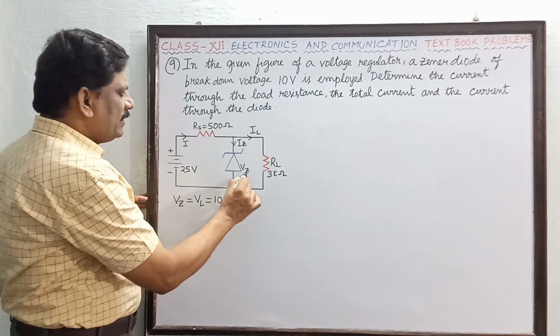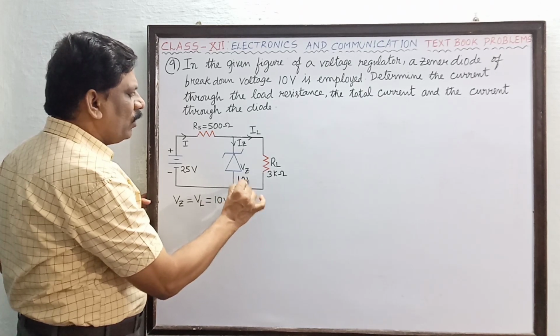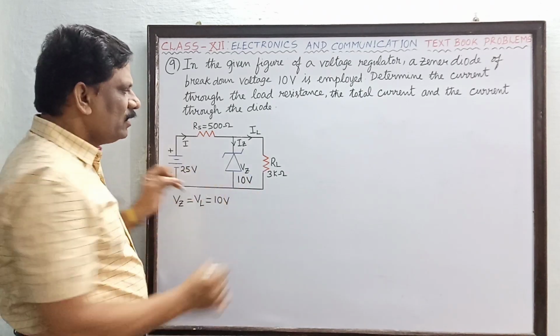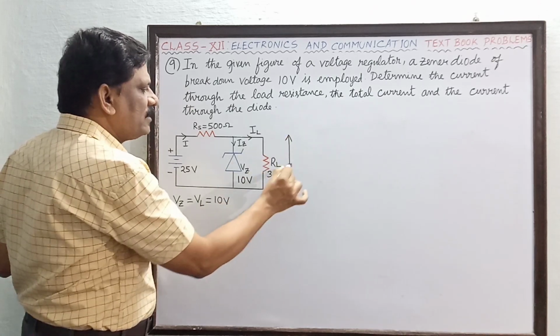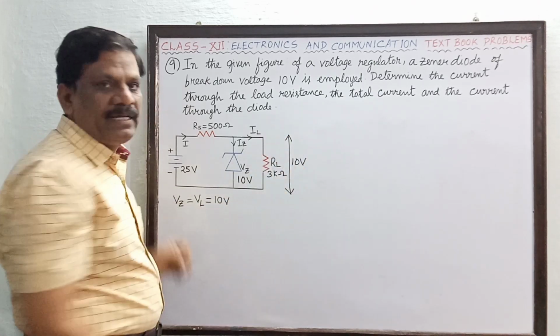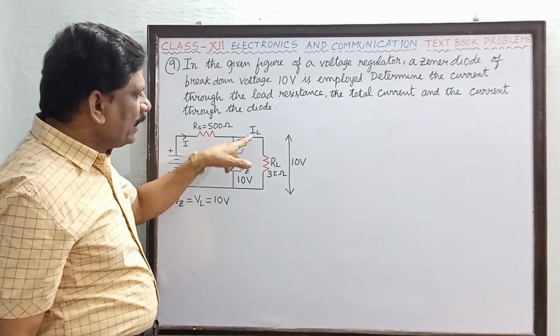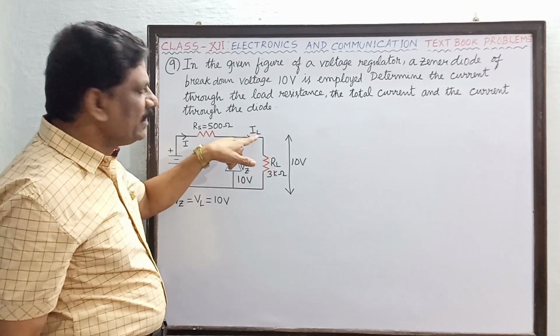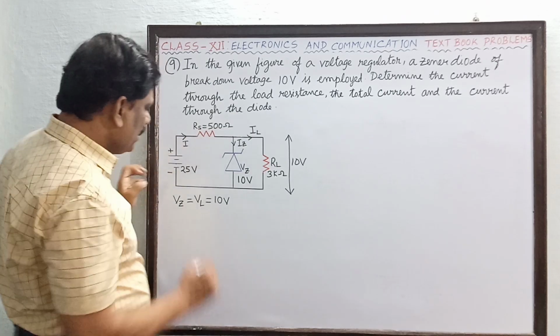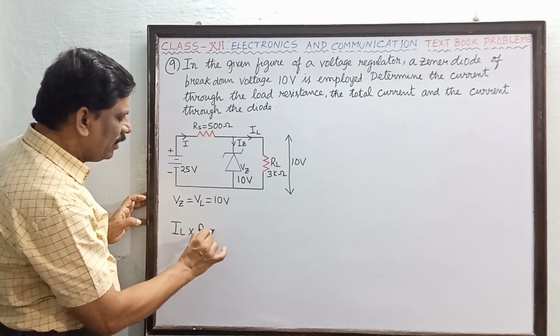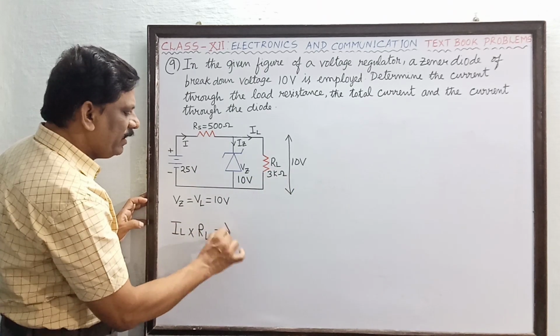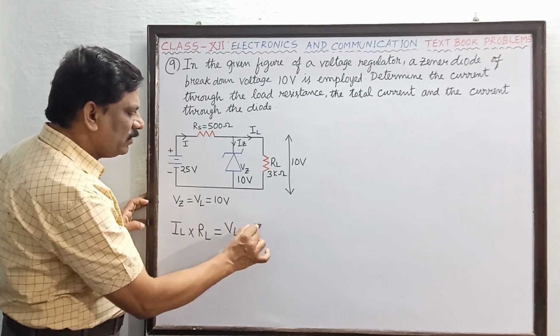So using all this information, let us begin with the load resistance. Vz is equal to 10 volt, so the potential drop across this resistor is also 10 volt. The current flowing through the load resistance is IL. So IL into RL must be equal to VL, that is 10 volt.